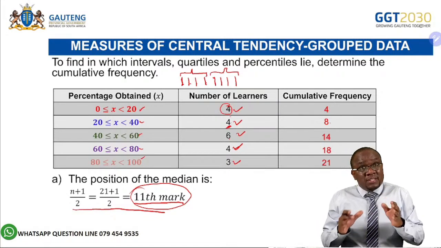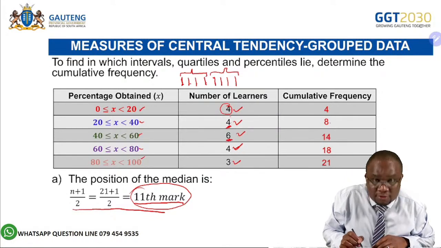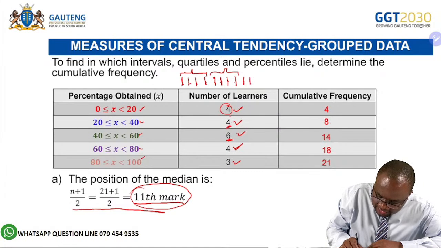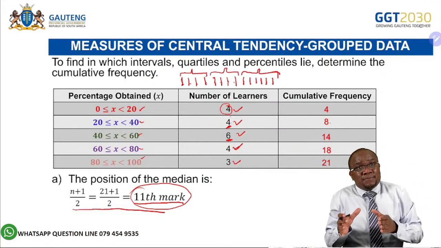Right. We go to the third class interval. How many learners there? There are 6 of them. So we've said 1, 2, 3, 4, 5, 6, 7, 8. And then we have 6 more. 9, 10, 11, 12, 13, 14. This is the third class interval. You see that we have arranged our marks.